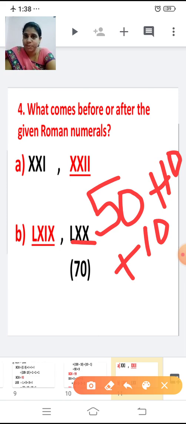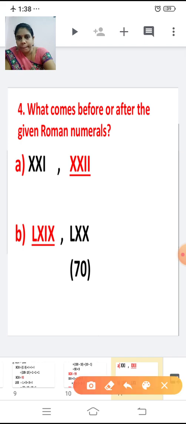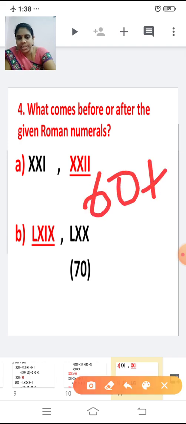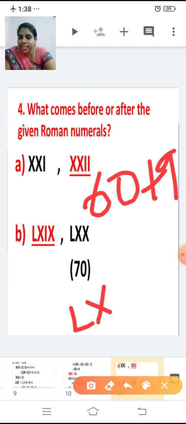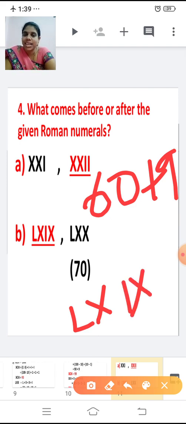Now tell me what comes before 70? 69. 60 plus 9. 60, how can we write? 50 plus 10. So 50 is L plus 10, X. 60 is LX, 9 is IX. So LXIX comes before LXX.